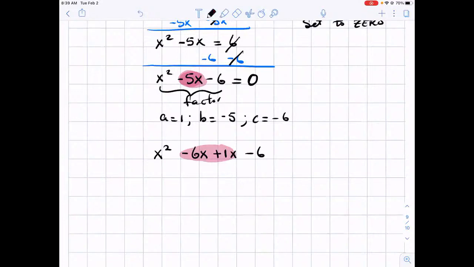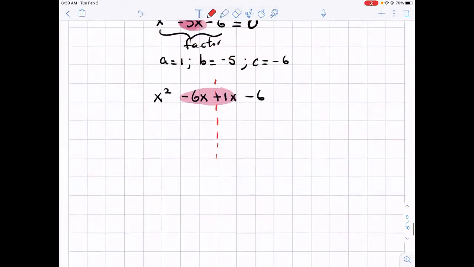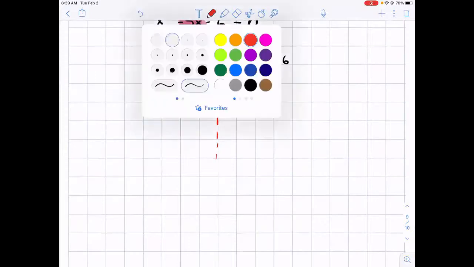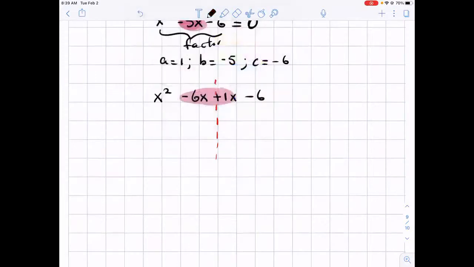Now, factor by grouping, which I'm not going to go through like I said, because you have to be acquainted with this by now. If you factor this, take out an x, you will have x minus 6. Take out a plus 1, you're going to have x minus 6.